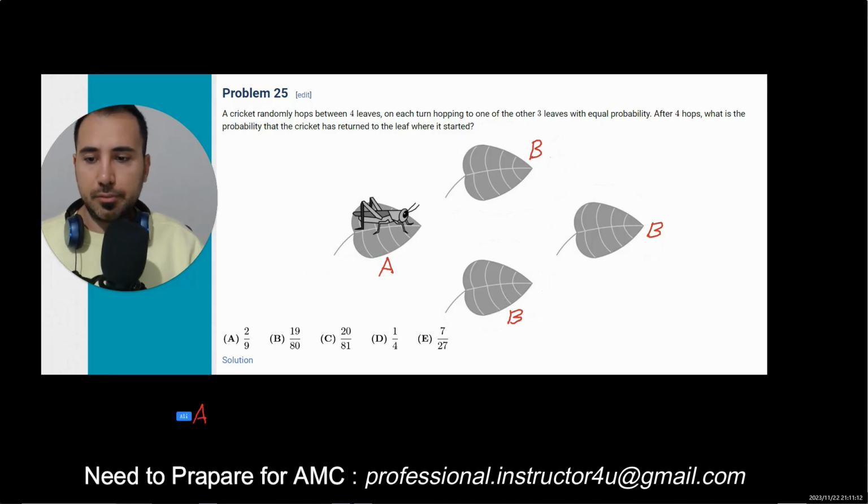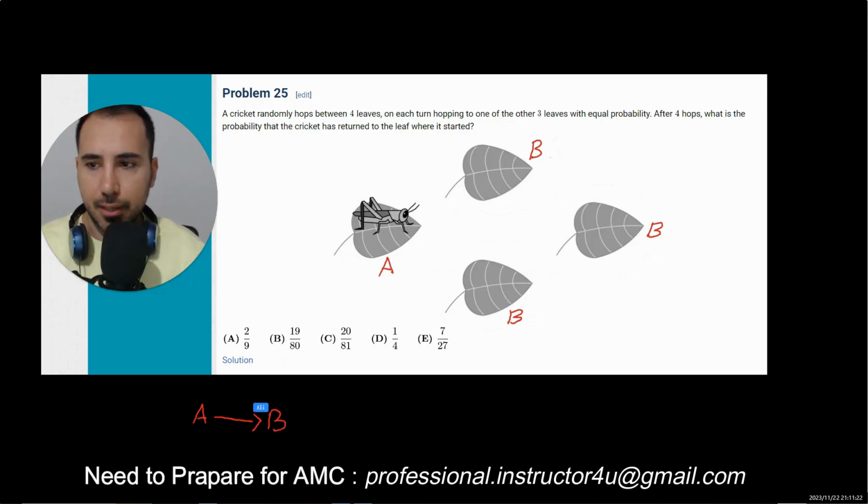So the cricket is starting from A. What is the chance that A goes to one of the B's? 100%, right? Because the cricket has no choice, it has to go to a B. But once the cricket is here, now there are 2 possibilities.